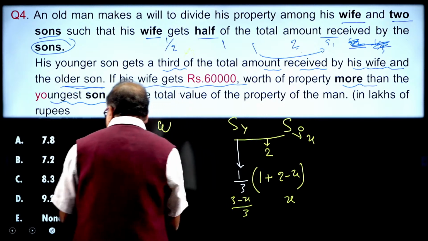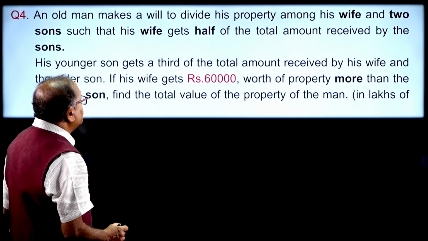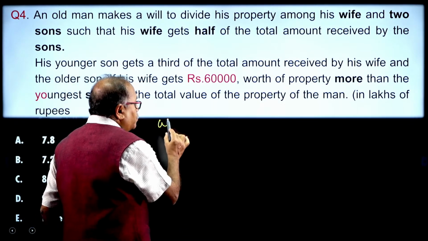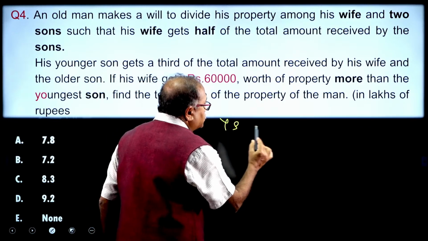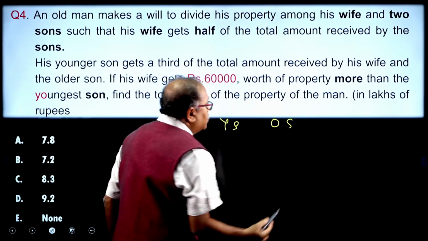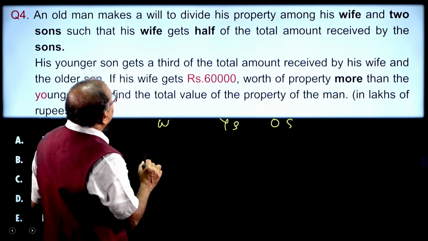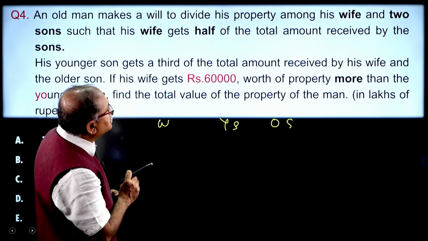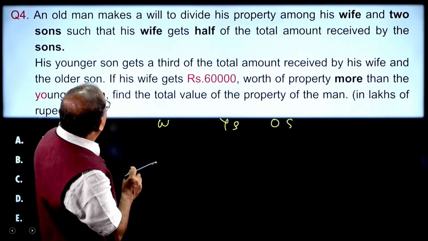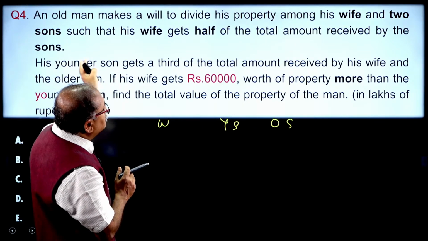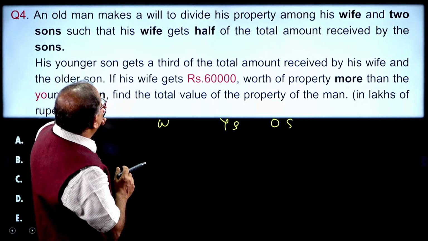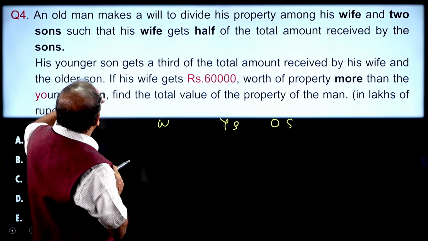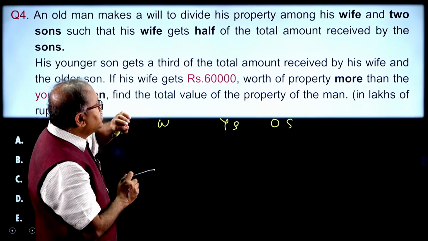I do not know how you calculated the share over here for the younger son and the older son. Here the wife is getting half of the total money received by the sons. So what is the total money?